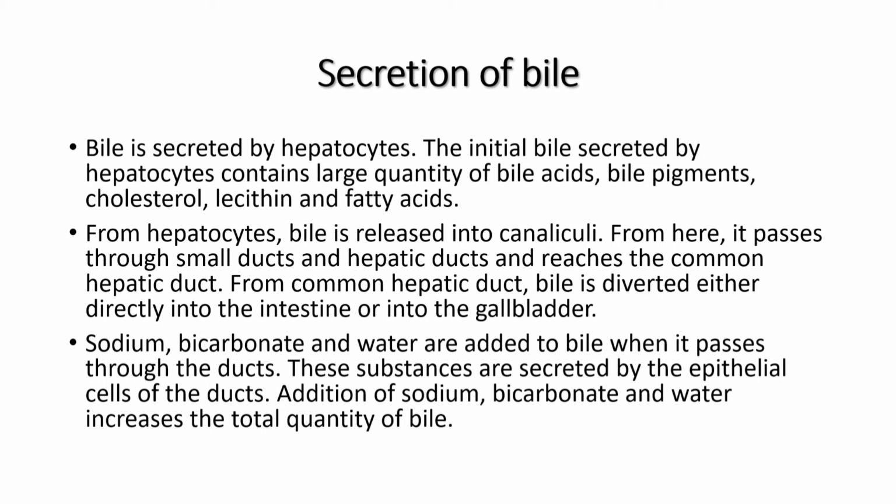From the common hepatic duct, bile is diverted either directly into the intestine or into the gallbladder. Sodium, bicarbonate, and water are added to bile when it passes through the ducts. These substances are secreted by the epithelial cells of the ducts. Addition of sodium, bicarbonate, and water increases the total quantity of bile.